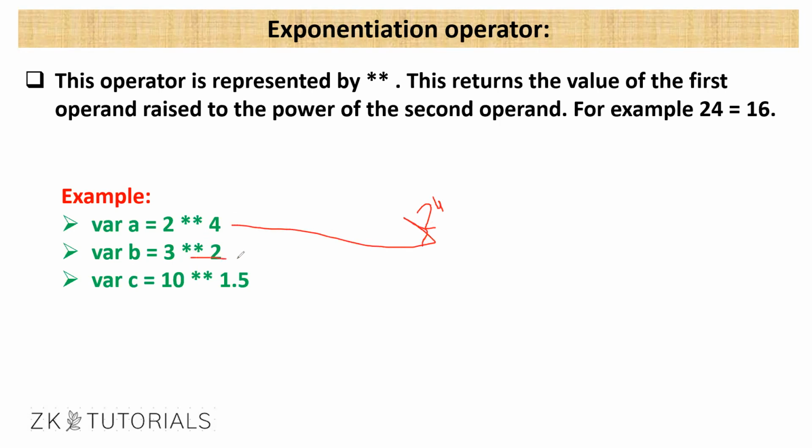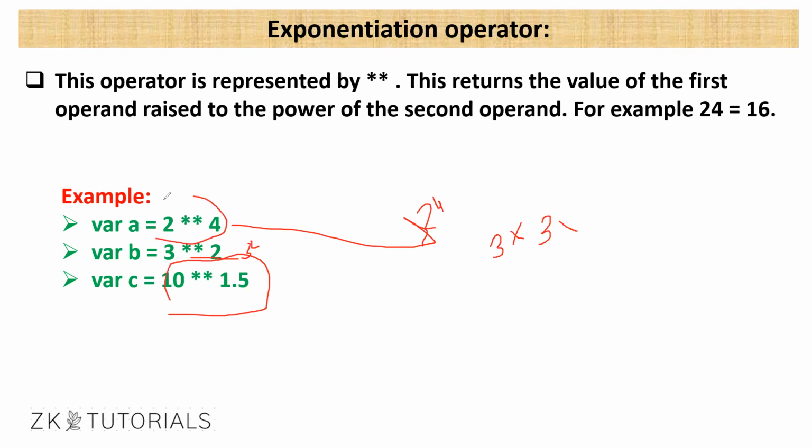Here it means 3 raised to the power 2. And how can we write this in mathematics? 3 into 3. Yeah, 3 raised to the power 2, so we have 3 into 3. Like 10 raised to the power 1.5, which is something weird.